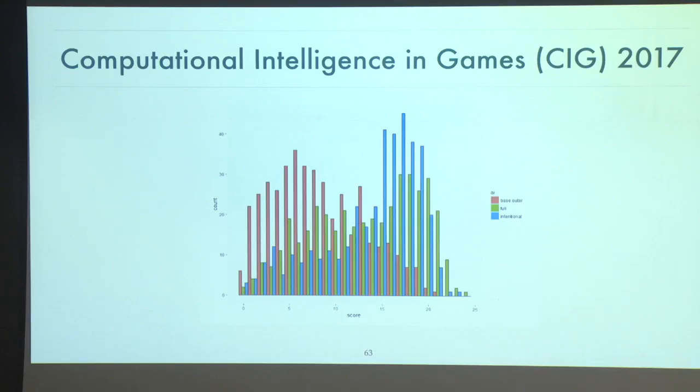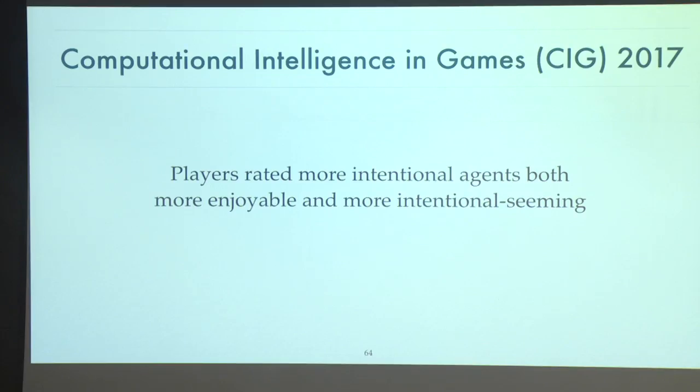But you can see, the orange lines here are the baseline, and then the blue and green are the full and the intentional. I won't get into the discrepancy between the full and intentional here, but I just wanted to show that this is the way that the players scored, and they perform much better when they're using more intentional agents. But not only that, we gave them a survey afterwards on how enjoyable they found these agents to play with and how intentional they seemed.